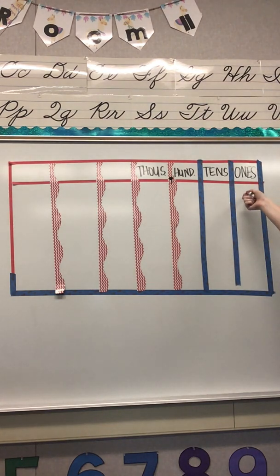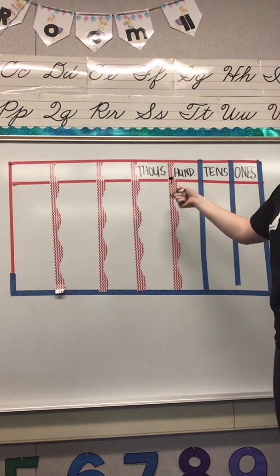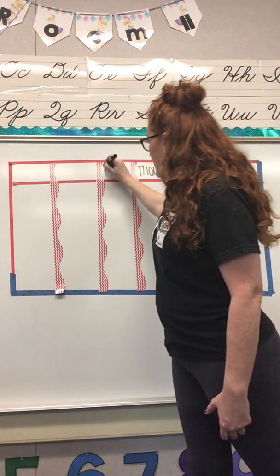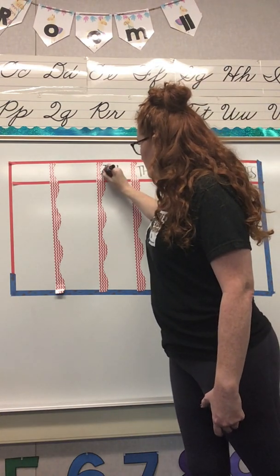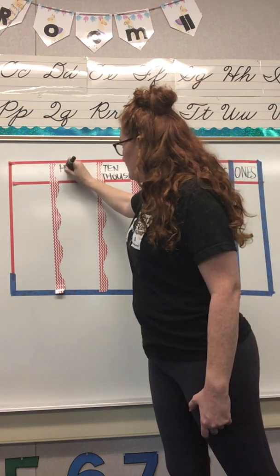Okay, so ones, tens, hundreds, comma, because that's the first period, and I kind of drew it. Hopefully you can see it. And then there's the thousands place. Then there's the 10,000s. Then there's the 100,000s.